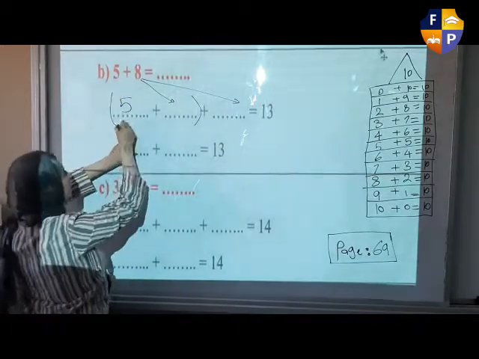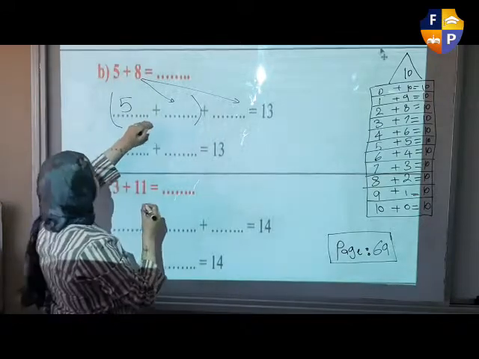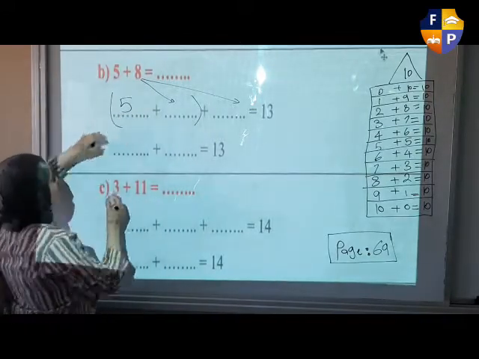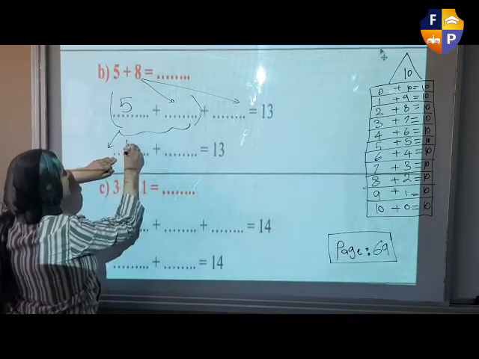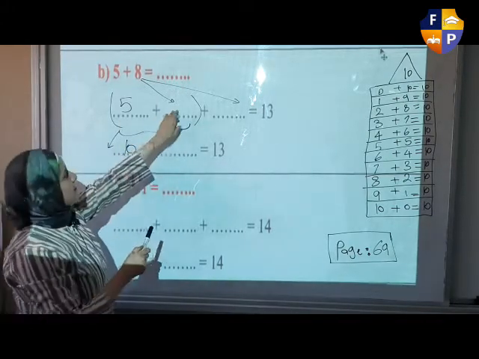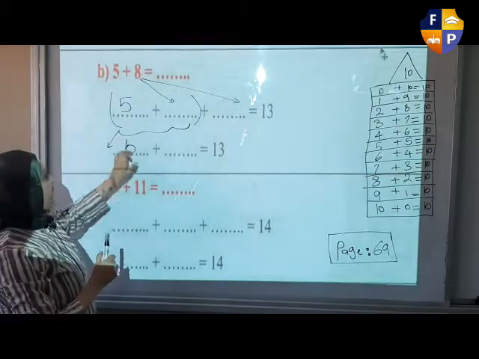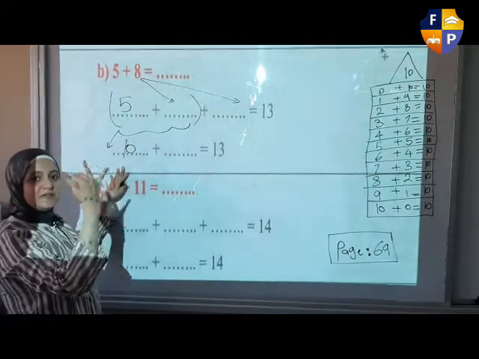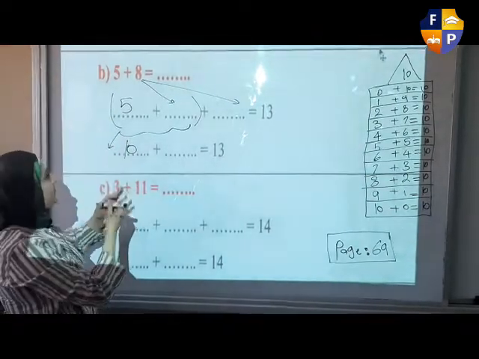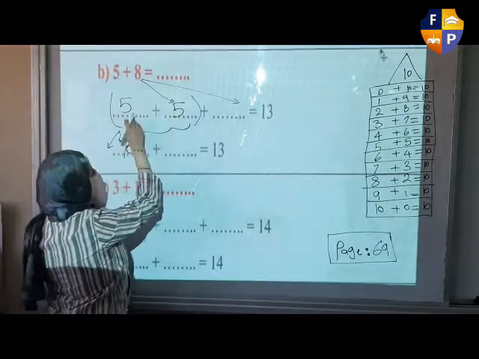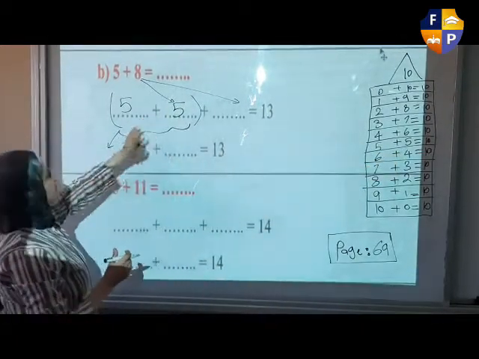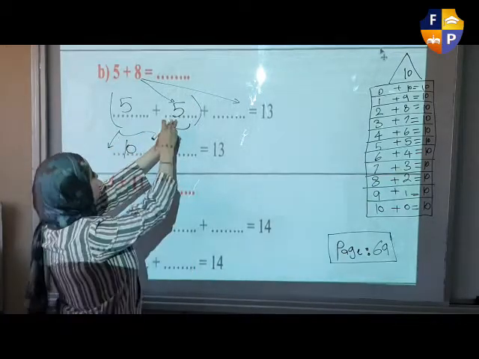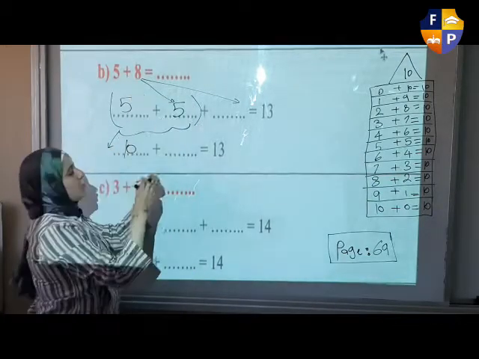One part of them will make 10 with number 5. So this bracket will give me 10. 5 plus what equals 10? If you count after 5, 6, 7, 8, 9, 10, they are 5. I have to add 5 here, and we said that the neighbor of 5 is 5 to give me 10. And this 5 is the first part of 8.